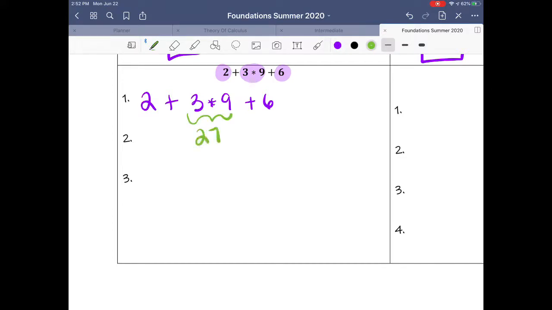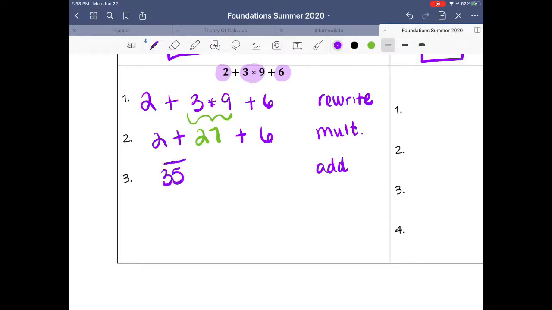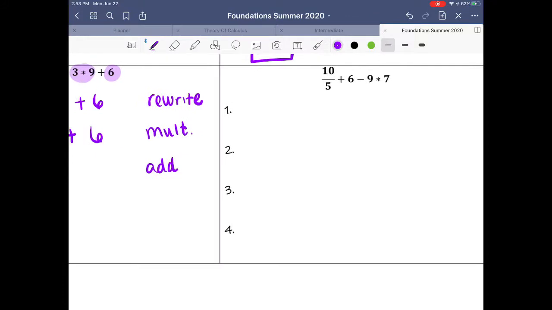I'm going to deal with the multiplication. This was a rewrite. This was a multiplication. And then last step is to add. 29 plus 6 is 35. Super simple.